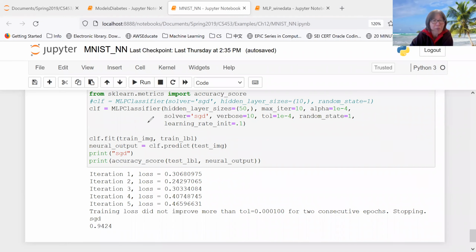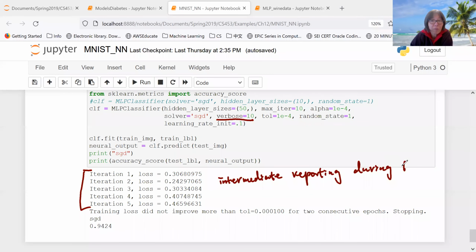One more example. Here, because we set this verbose, it has all of the intermediate reporting during training. For each iteration, you report the loss.